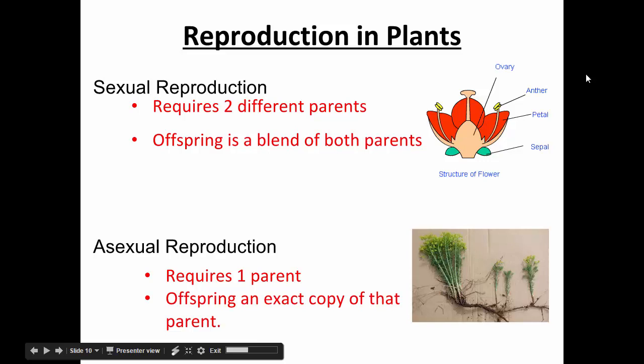They're just copies of the original. An example of something that reproduces this way is grass. Grass reproduces asexually often. It sends these little runners under the ground, which then pop up to form new grass.